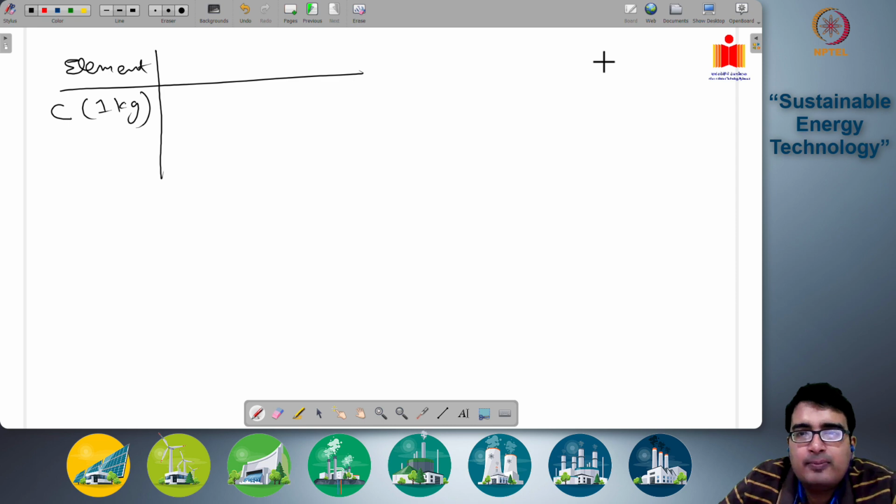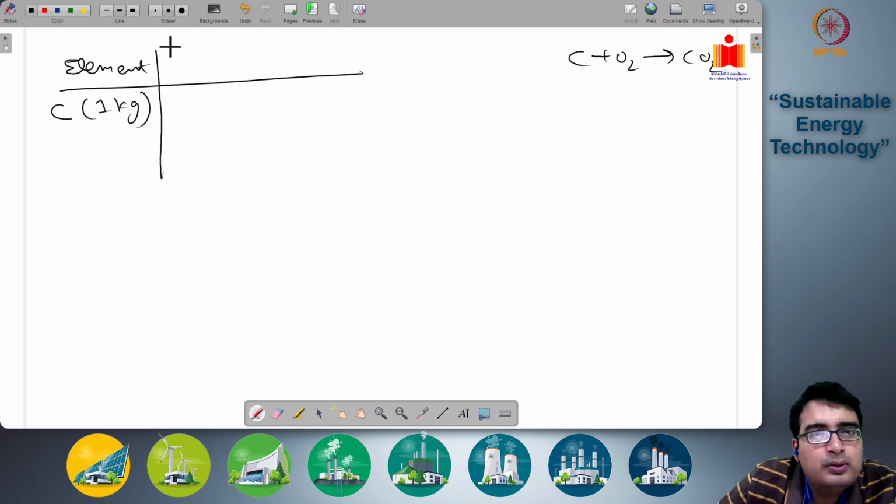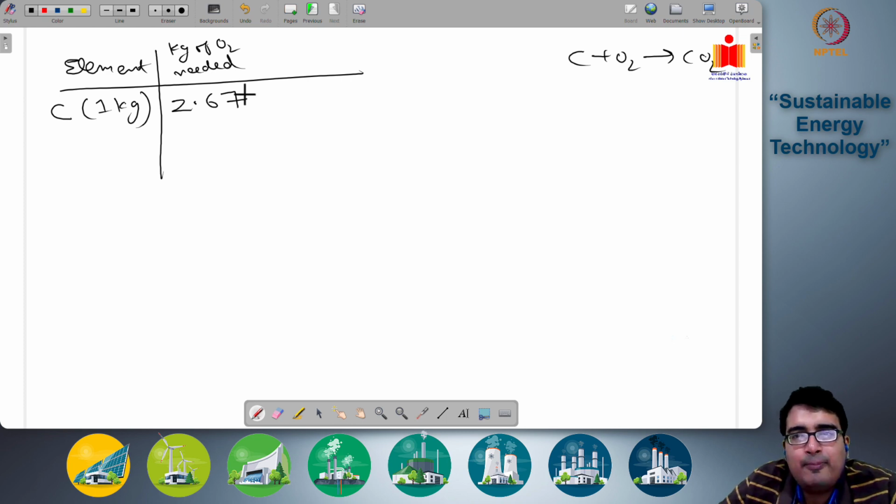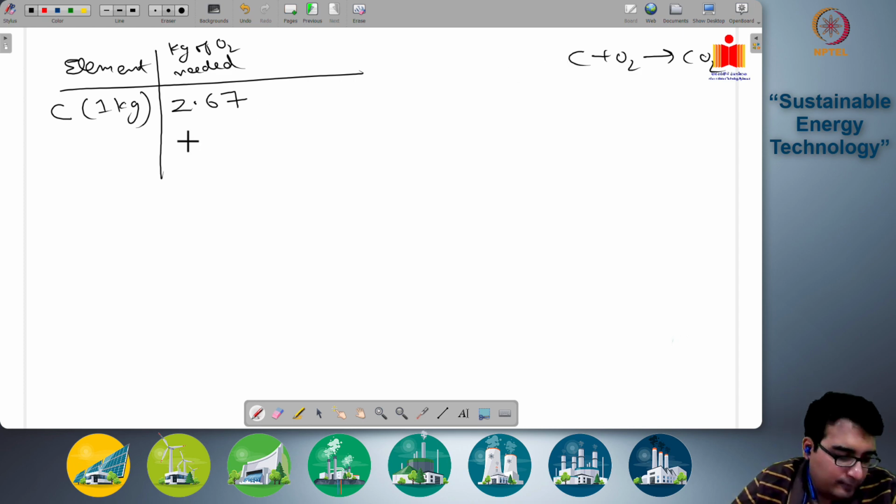The reaction is basically C plus O2 going to CO2. So kg of O2 needed per kg of carbon to be burned is 2.67. How do we get this number? This is 32, this is 12. So 32 by 12 is 2.67.